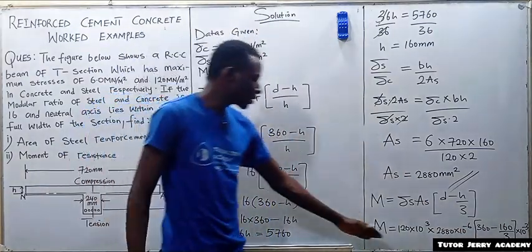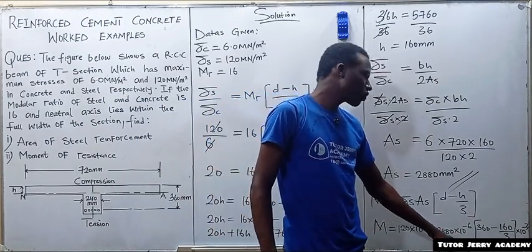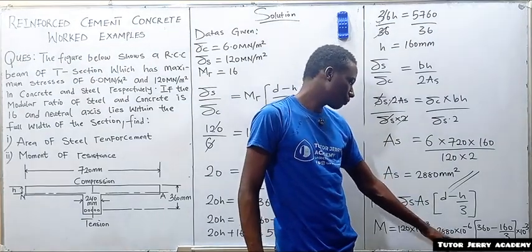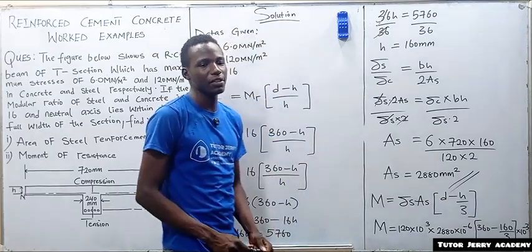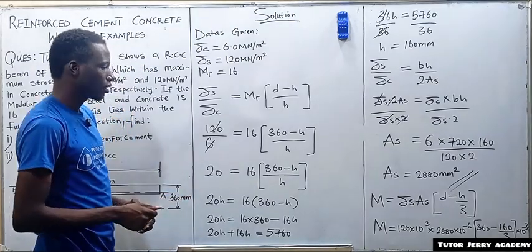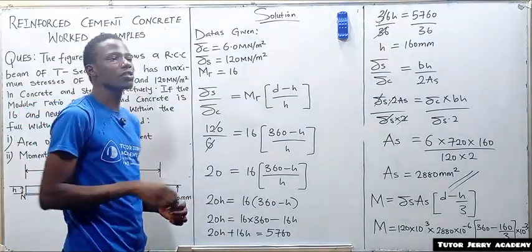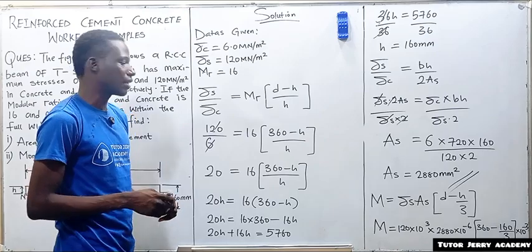So 120 times 10 to the power of 3 multiplied by 2880 times 10 to the power of minus 6, into the bracket of 360 minus 160 all over 3, close the bracket, multiplied by 10 to the power of minus 3, is nothing but 105.98 kilonewton meter.